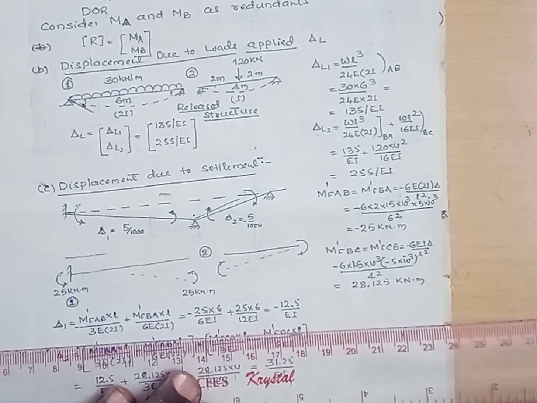Due to these additional fixed end moments, we find the displacement at coordinates 1 and 2.